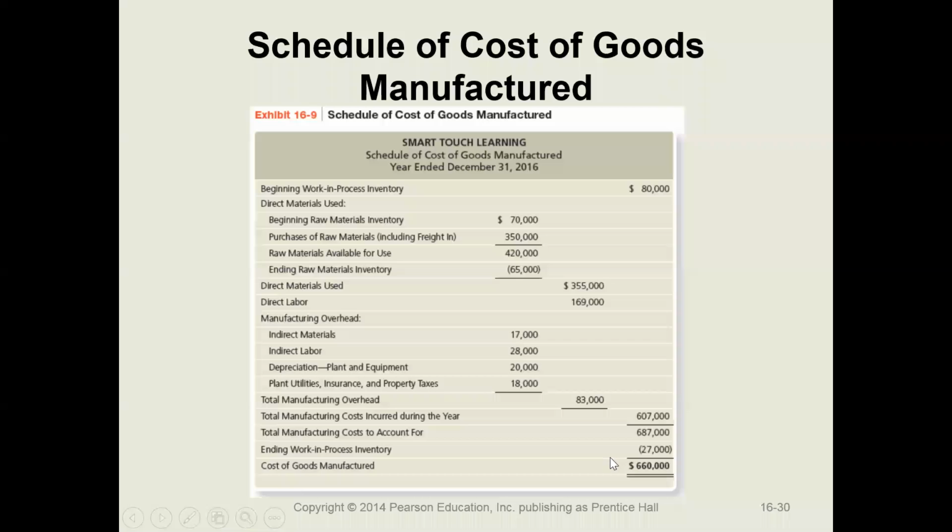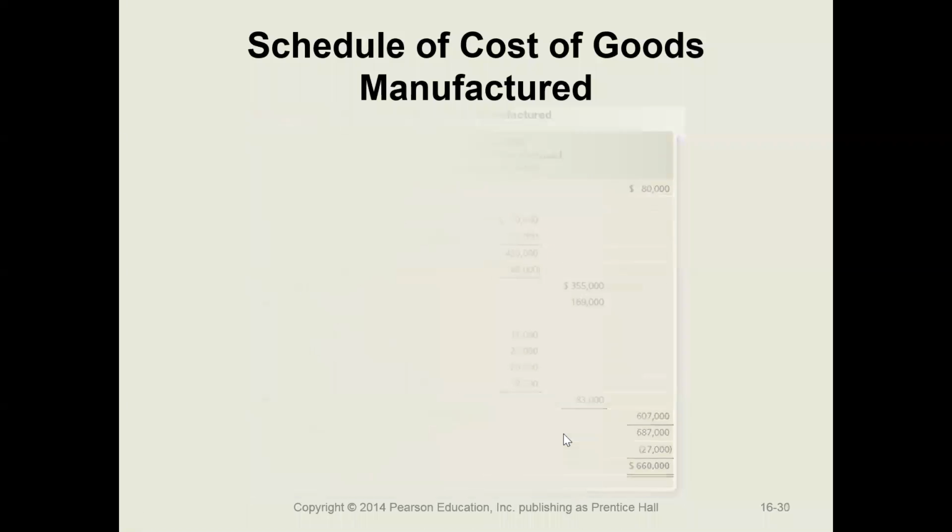Okay, so the schedule of cost of goods manufactured, what's important about the schedule is the format. This is a standard set format. This format shouldn't be changed at all. So just use this format when you are computing the cost of goods manufactured.